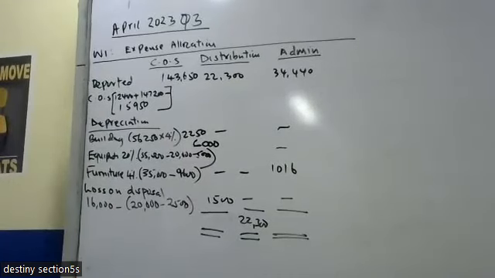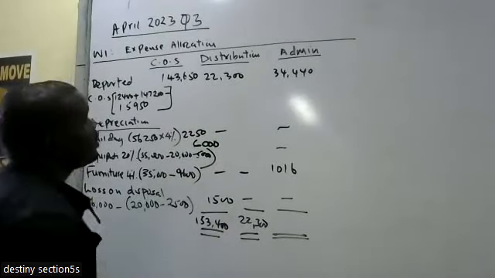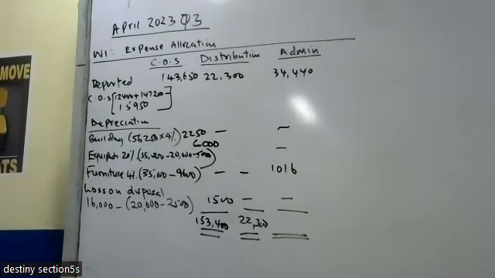Totals, please. Cost of sales is how much? Let me start with cost of sales. 153,400.